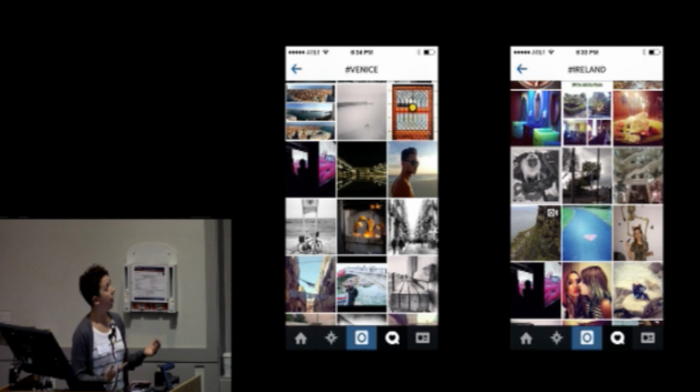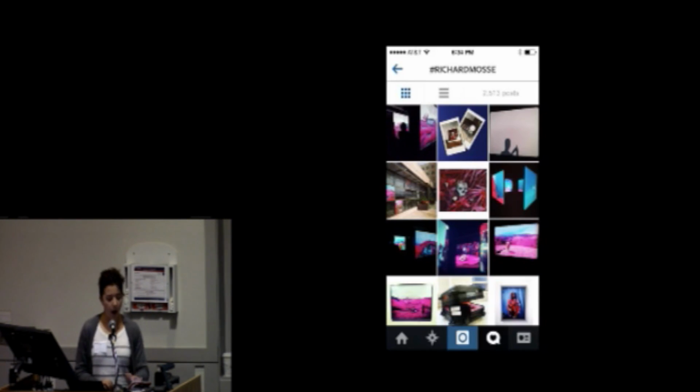So this work was shown in Venice, but was made by an Irish artist for the Ireland Pavilion. And so we see two very different geographies that are being produced by these different associations. And it produces a space that does not and really cannot exist in the real world, but has endless possibilities and is endlessly developing in the digital space.